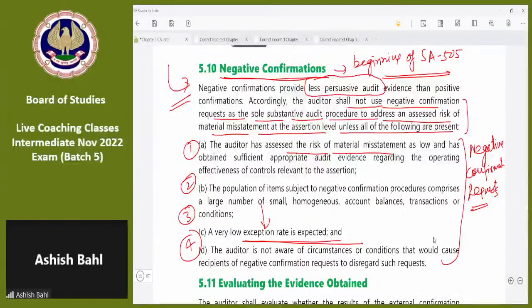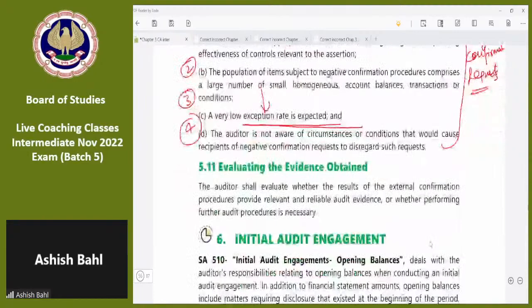So the auditor doesn't know of any such factors. Okay. So is the point clear to you guys? I have already explained point D 2-3 times.